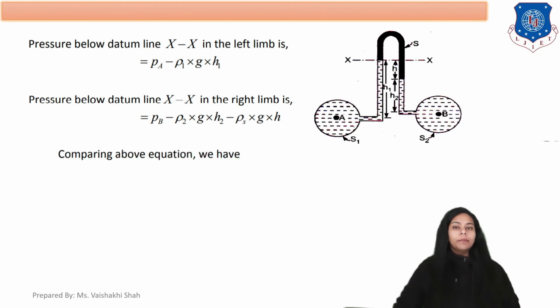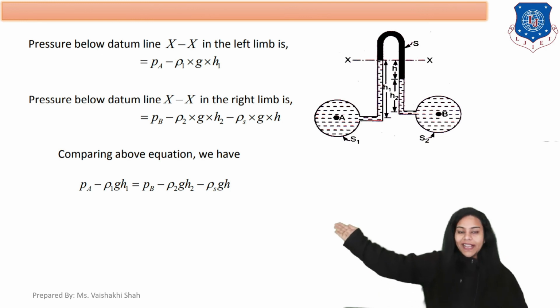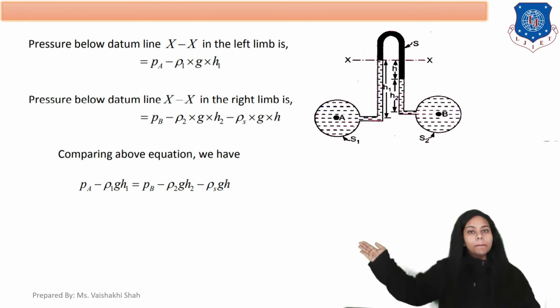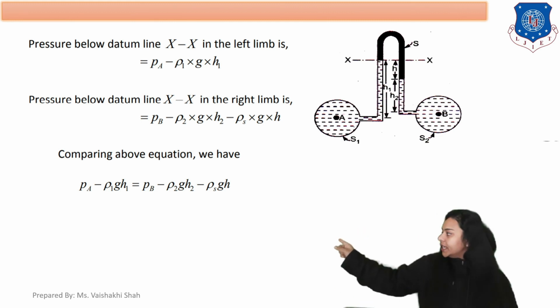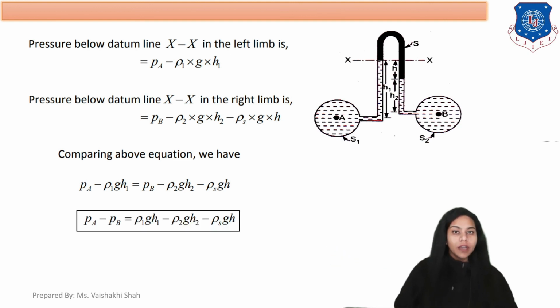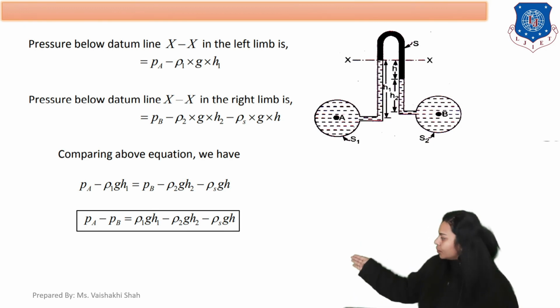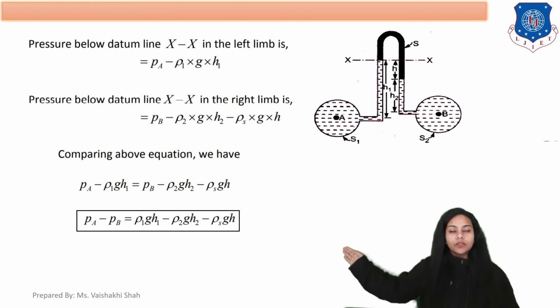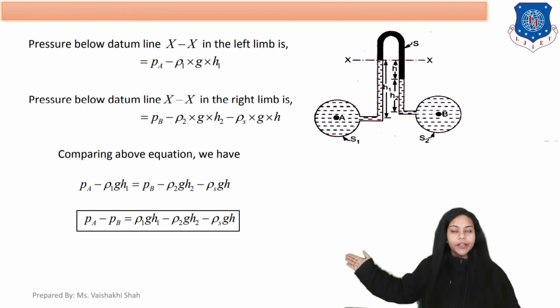Comparing the equations, because the pressure on the left side equals the pressure on the right side, PA minus rho 1 g H1 equals PB minus rho 2 g H2 minus rho S g h. Making PA minus PB the subject, the pressure difference between the two pipes is rho 1 g H1 minus rho 2 g H2 minus rho S g h.